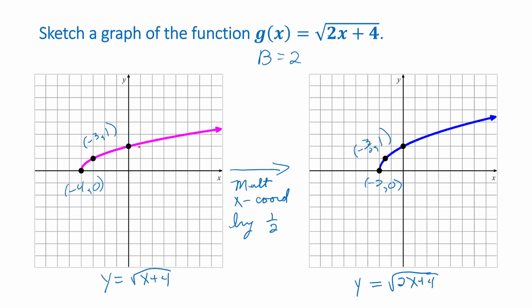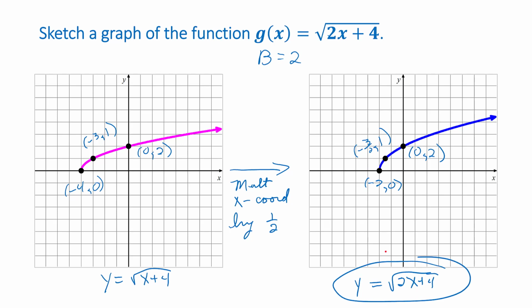The point 0, 2, we multiplied 0 by 1/2, and that is still 0, so we still have the point 0, 2 here. So this is a horizontal compression, and it gives us our final graph of y equals square root of 2x plus 4.